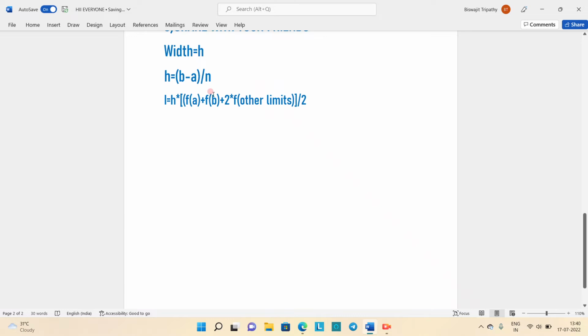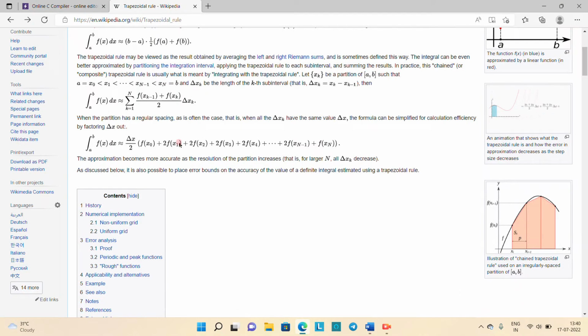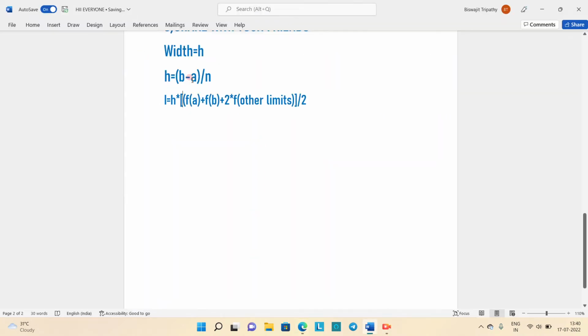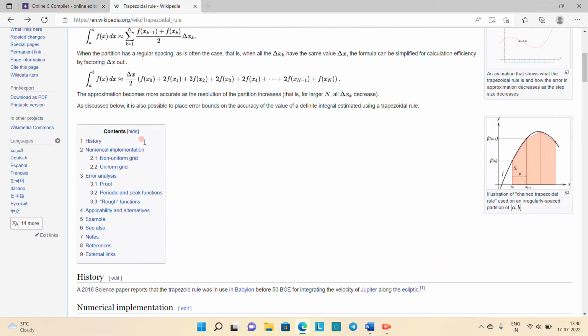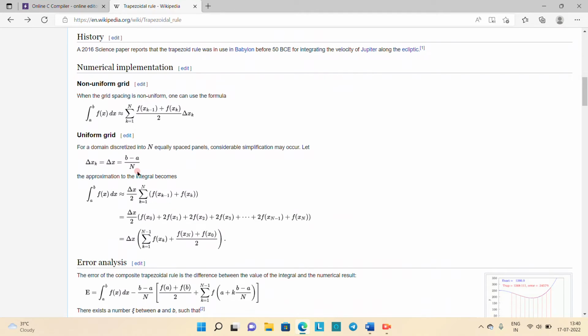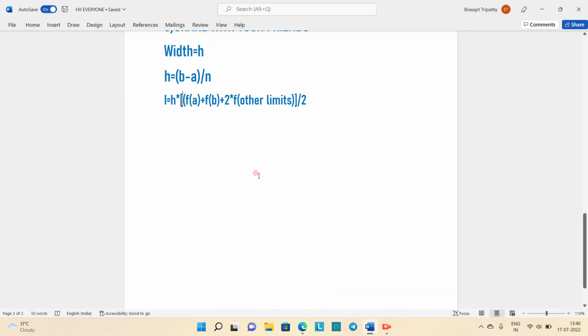So what is h? You can just look here. h is delta x, the width. In my notation I'm writing it as h. The h value is b minus a by n, where I am taking small n.